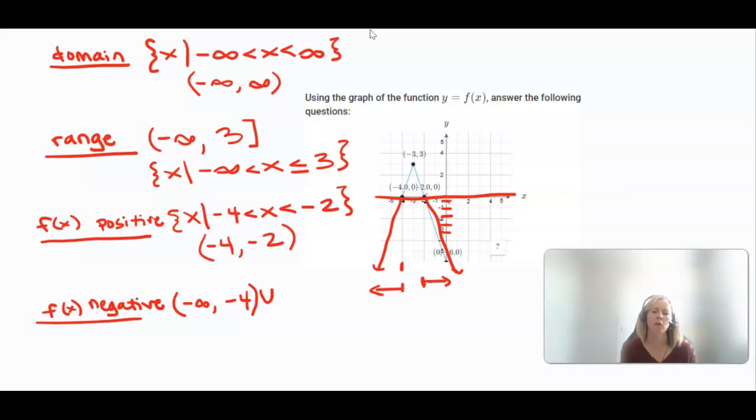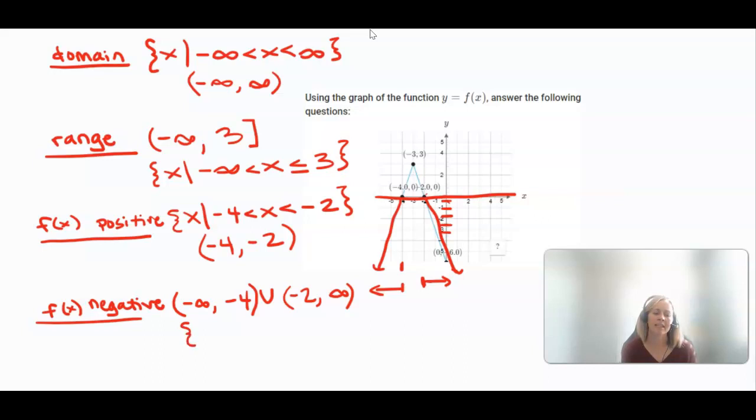Now we're going to have our little "or" sign in between. So it's this interval or -2 to positive infinity. Basically what we're saying is the only place that this function is not negative is between -4 and -2, so everything else on either side of that.